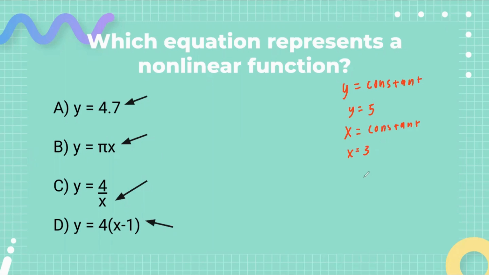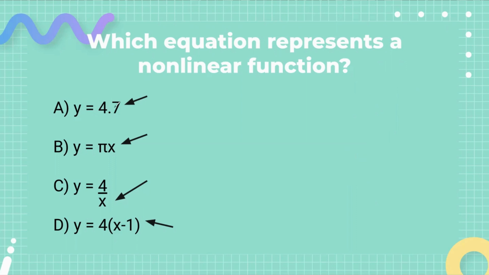And again, that's still a linear function. So we're either looking for y equals mx plus b, y equals a constant, or x equals a constant for us to know that it is a linear function. And so for a, we see that we have y equals 4.7.